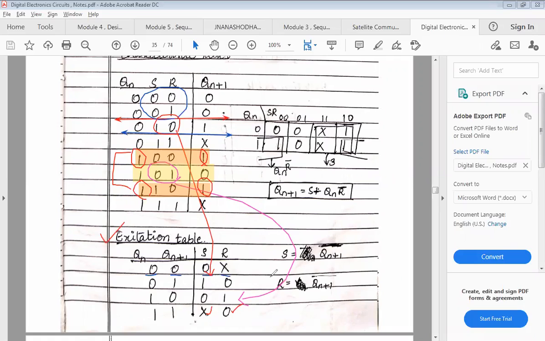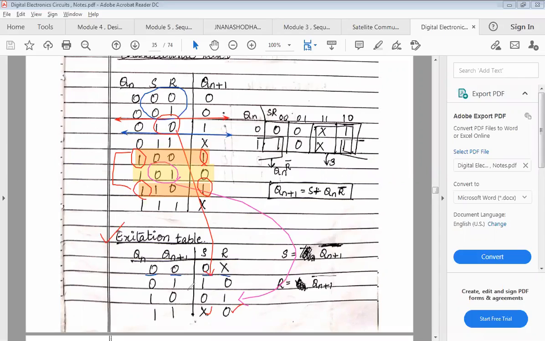Okay. So similarly, now you can get the equation for S and R. Only this is high, which means it is Qn. Okay. So S is equal to Qn plus 1. Okay.